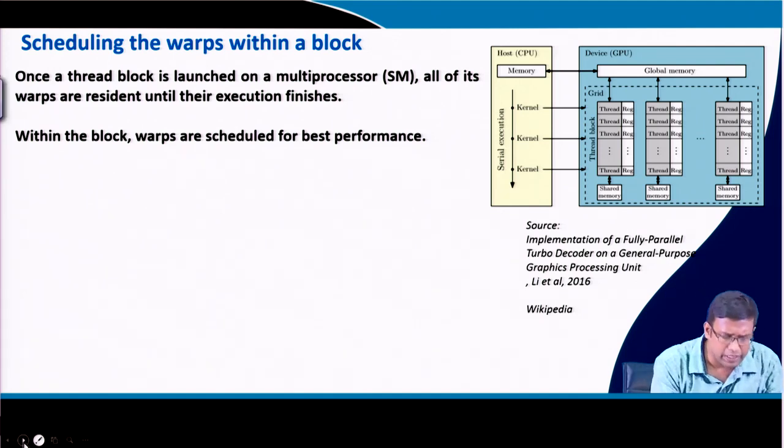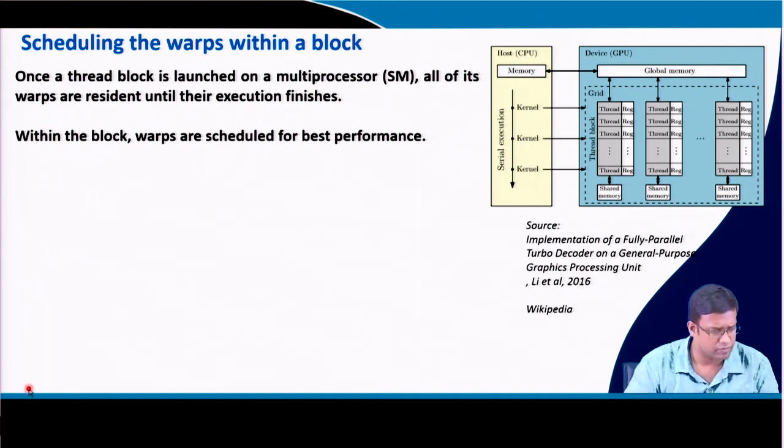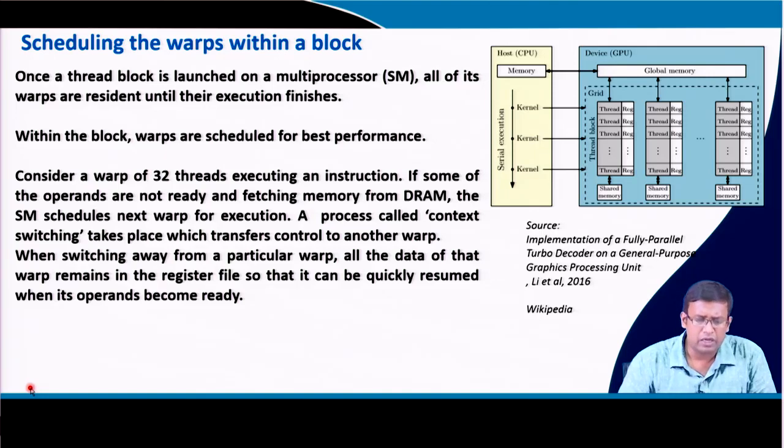How? Consider a warp of 32 threads executing an instruction. If some of the operands are not ready and are being fetched from RAM, say I have to read an array, some of the threads will read from an array which is in the main device memory. This reading is slow.